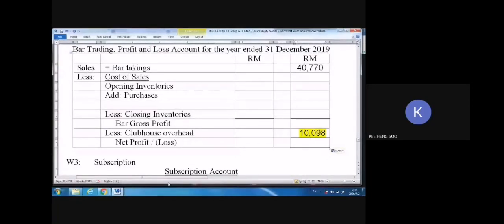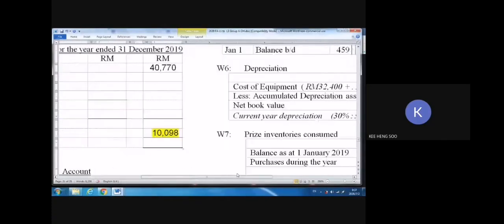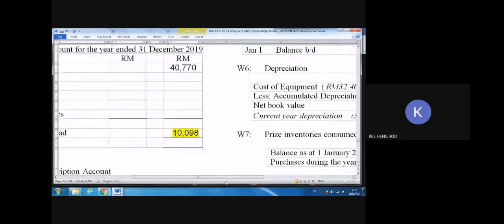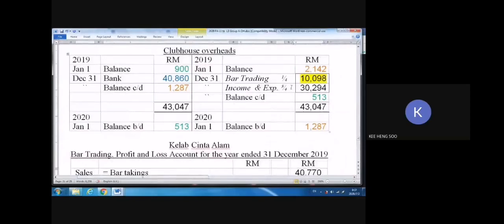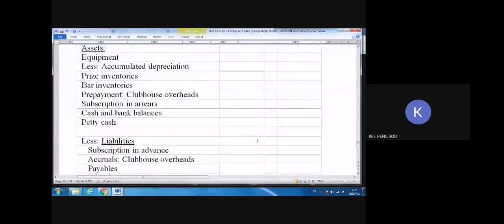Now the next, this one you can do. The next, what happened to the other 30,294? This 30,294, I want you to turn to the next page.